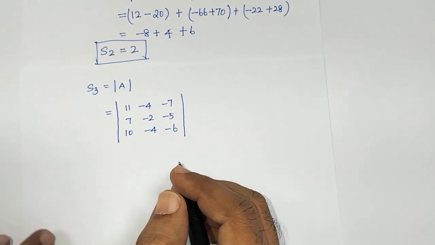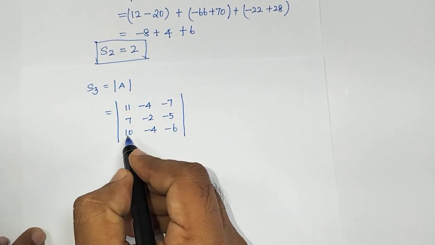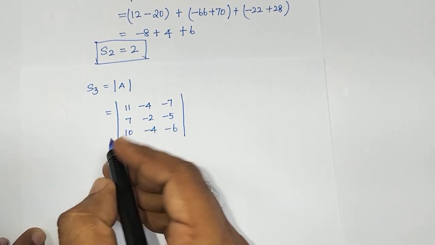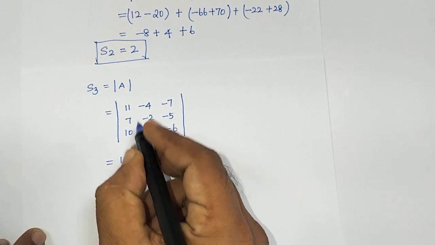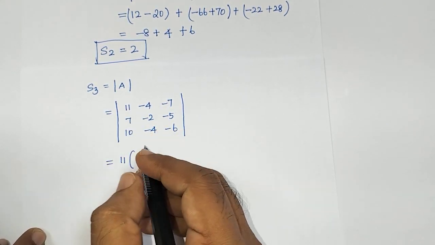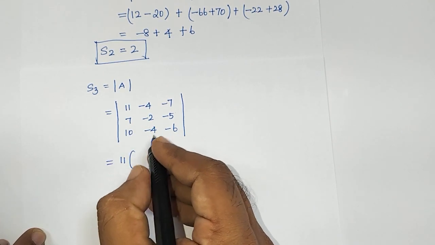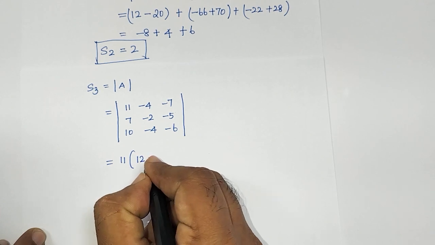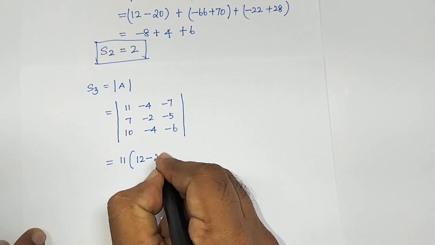After that I am going to find S3. S3 equals the determinant of A. Here I am writing the determinant of the A matrix and simplifying it. 11: omit the first row and first column and cross multiply the remaining: minus 2 into minus 6 plus 12, and minus of minus 4 into minus 5 plus 20.